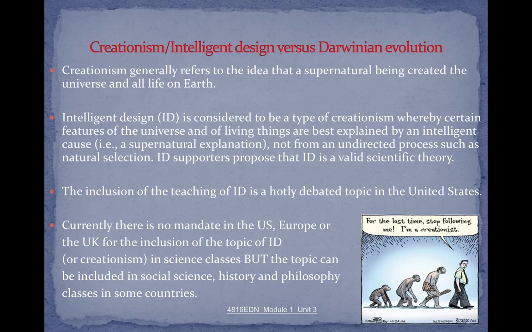And look, I think it's a great topic to talk about in science, not to put it forward as science, but to discuss the differences so students can see the differences between something we define as science and something we define as a non-science or even a pseudoscience, depending on where you sit with it.